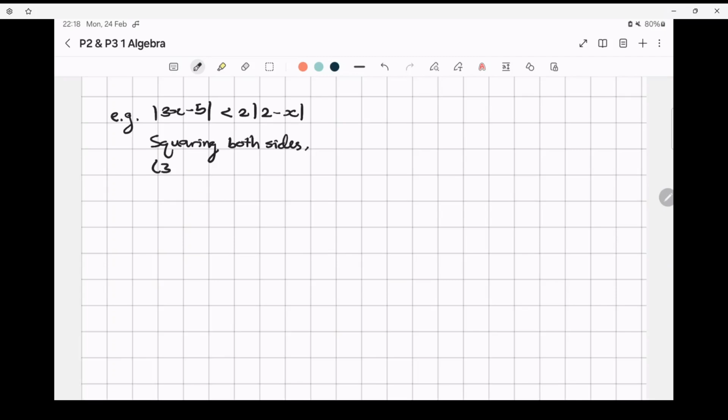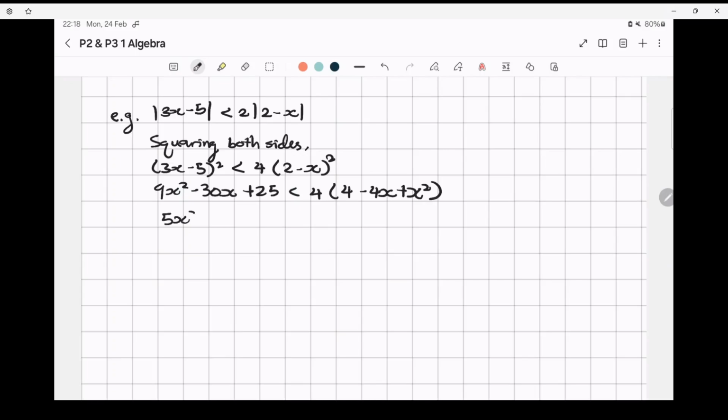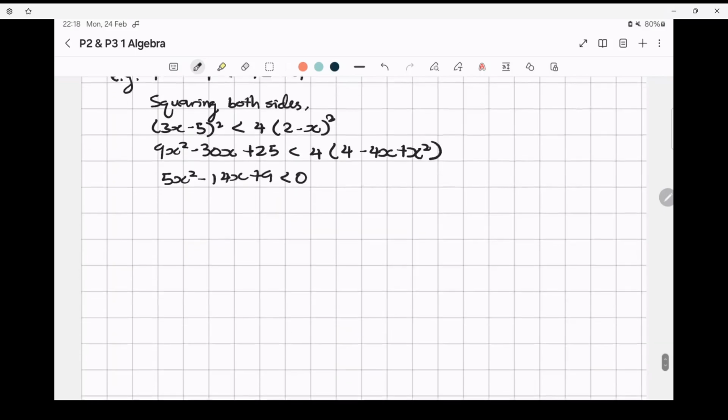So you have 3x minus 5 square smaller than 2 minus x square. So you have 9x square minus 30x plus 25 smaller than 4 times 4 minus 4x plus x square. Simplify everything, you should get 5x square minus 14x plus 9 smaller than 0.